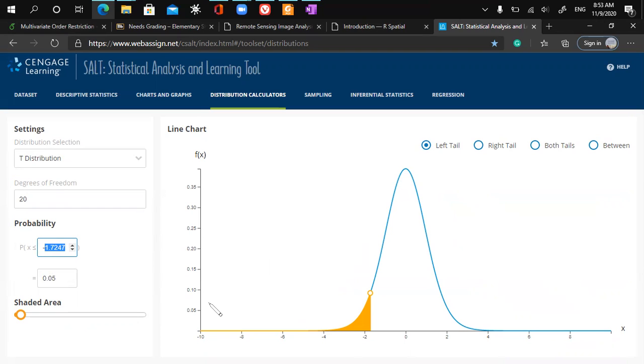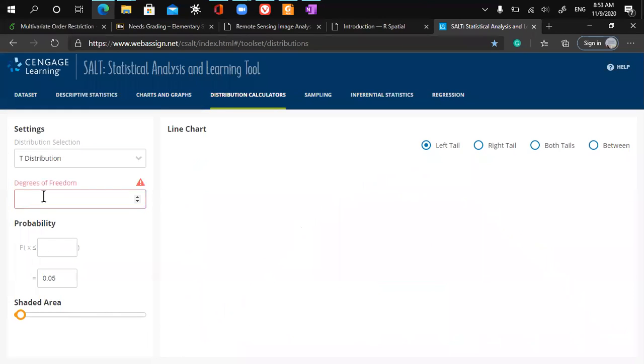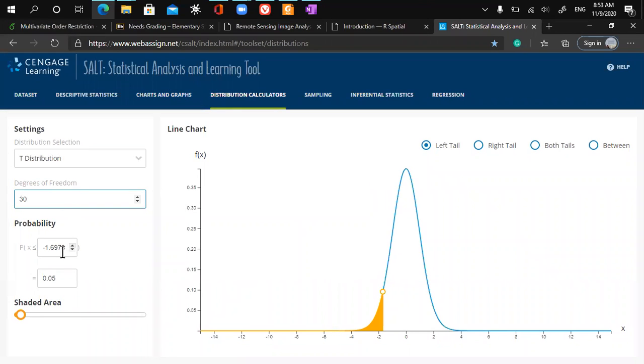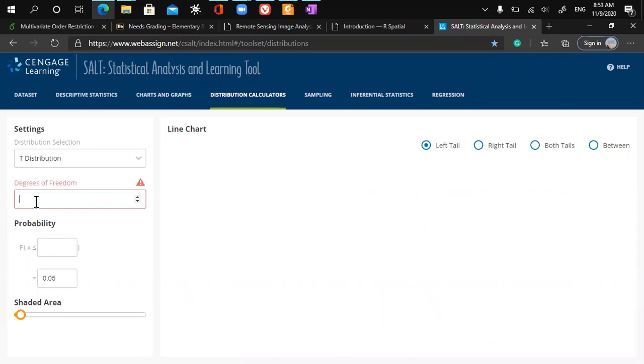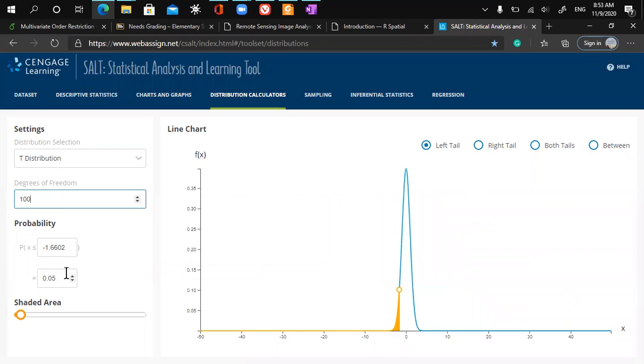It was -1.8. How about if we go to 30? Much closer. How about 100? -1.66. It's approaching. How about 200 degrees of freedom? -1.6, almost close.